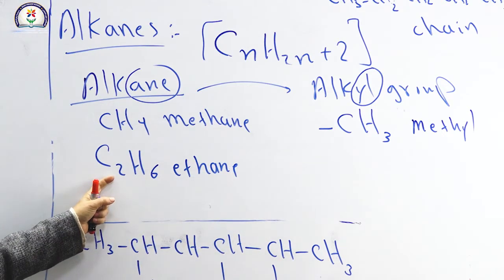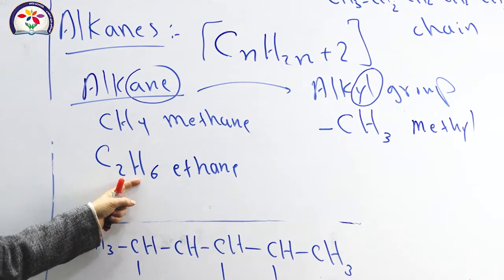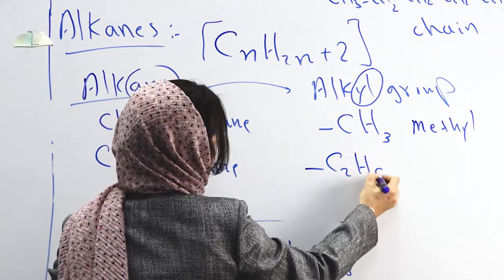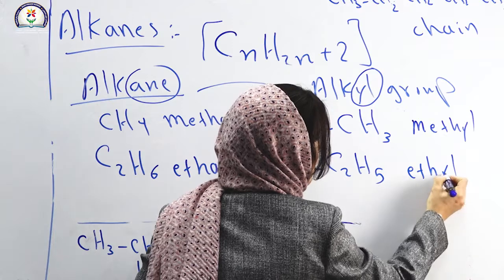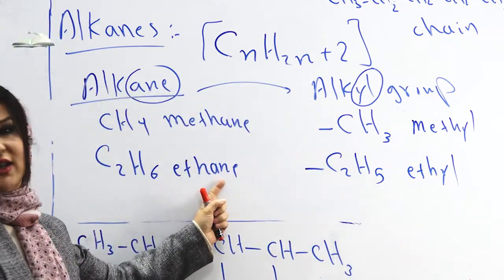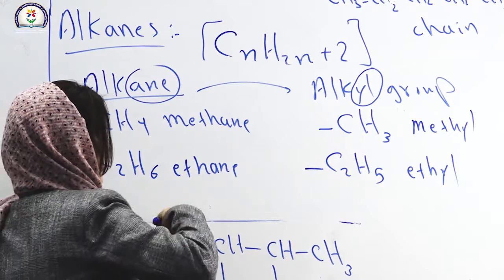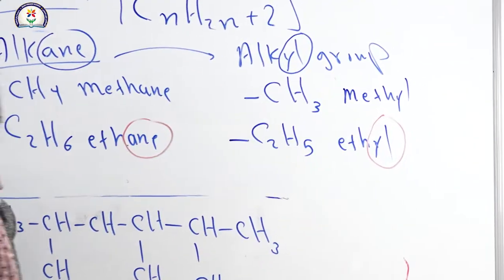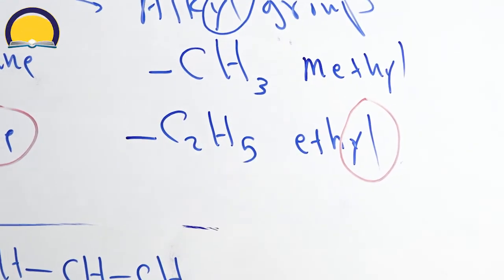After removing one hydrogen atom it will be C2H5, which is ethyl. Ethane, ethyl. Ane will be yl. Alkane will be alkyl.